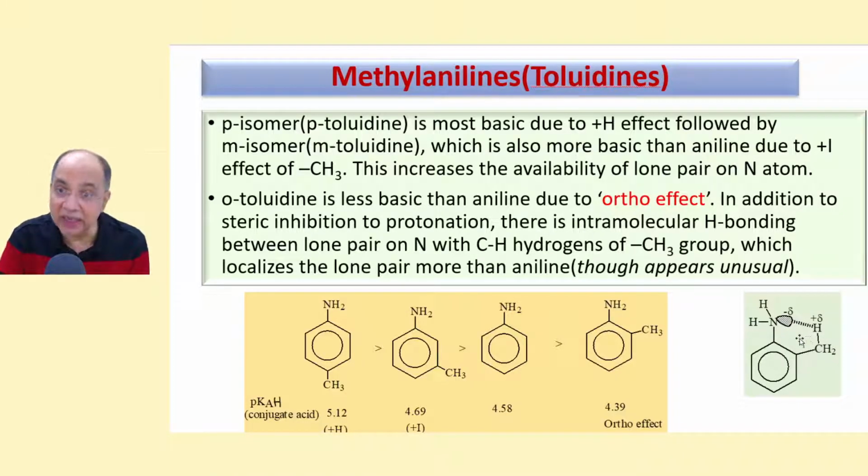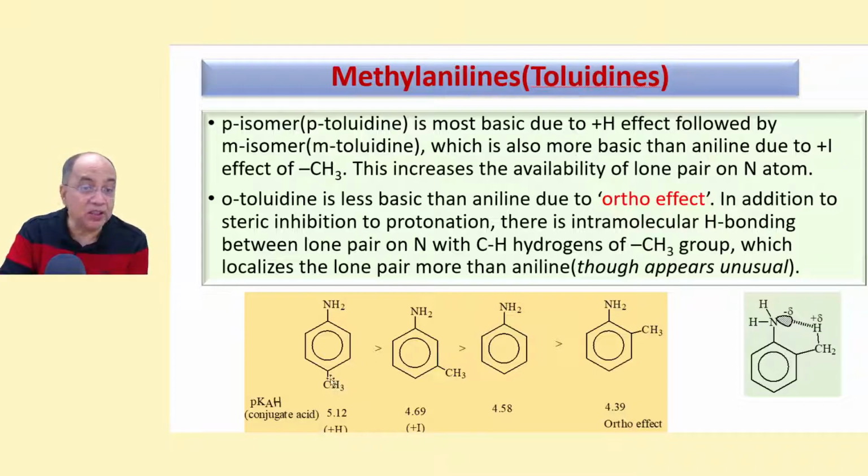Even then, scientists have found some interaction between this nitrogen lone pair, the negative pole of nitrogen, and the ortho methyl hydrogen. So this is also an additional supplement to the ortho effect of orthomethyl aniline, which will localize the lone pair, not make it more available to the outside world, right?